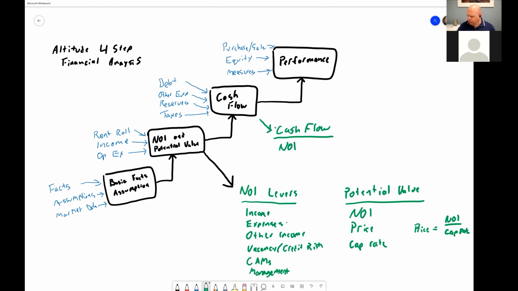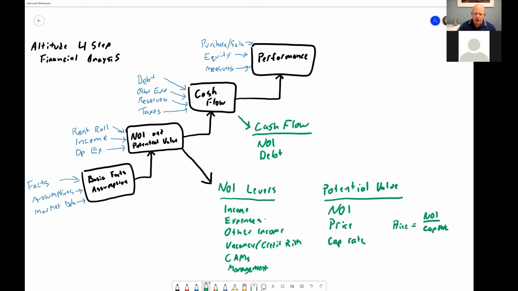So under this, we've got, for example, debt. Whether or not we change debt has absolutely no difference on NOI. It doesn't change it one bit. And so it is not a lever of NOI, but it sure is a lever on the amount of cash flow. We also have our CapEx.